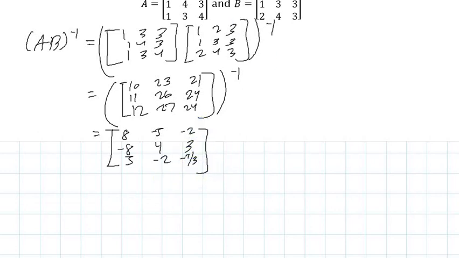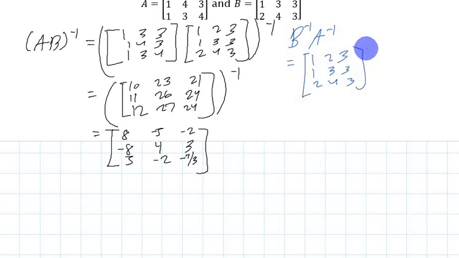Instead of directly doing this, you can also look for B inverse A inverse, which is practically the same thing. But instead of multiplying first, you find the inverse first. So I'll write it here down below: we'll first have [1, 2, 3; 1, 3, 3; 2, 4, 3], find its inverse, then multiply it by the inverse of [1, 3, 3; 1, 4, 3; 1, 3, 4].